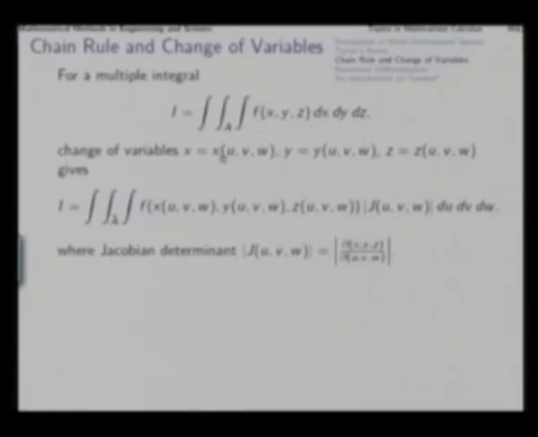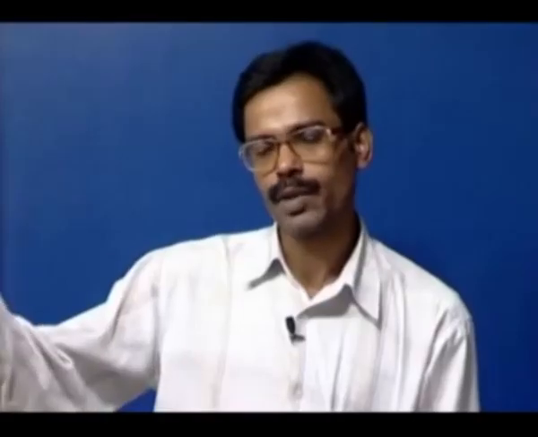Now, if we conduct a change of variable in this manner, x, y, z, all three of them are taken as functions of three new variables u, v, w, then first of all we need to transform the domain from A to A bar, where A bar is the corresponding domain in the u, v, w space, and then in place of x, y, and z, we put x, y, and z in terms of u, v, w, and in place of dx, dy, dz, we have the determinant of the Jacobian into du, dv, dw.